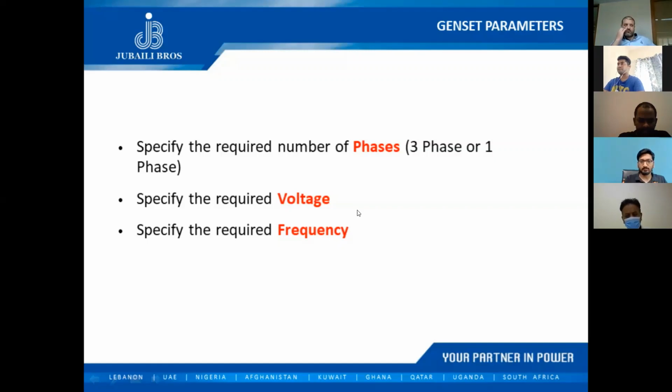This doesn't mean that frequency doesn't affect alternators, but since all of the alternators are basically 4-pole alternators, 1500 RPM relates to 50 Hertz and 1800 RPM relates to 60 Hertz. If there were a different number of poles, this wouldn't hold, so the resulting frequency would be different.